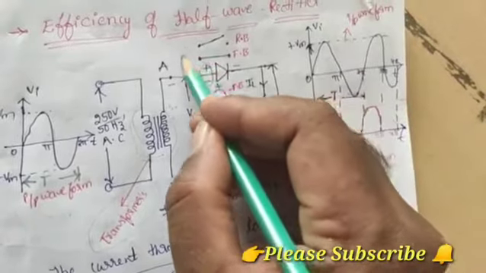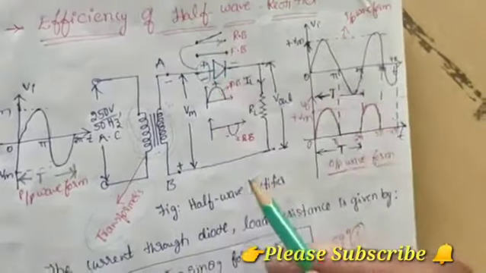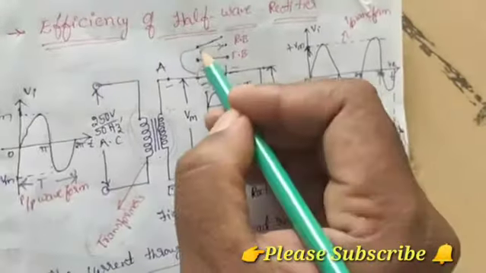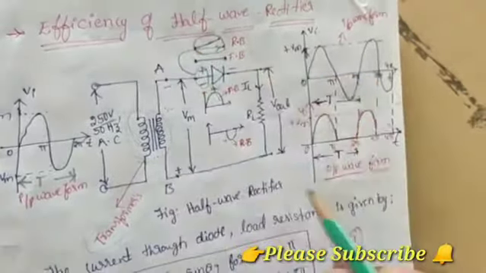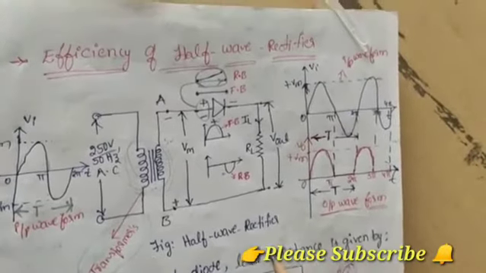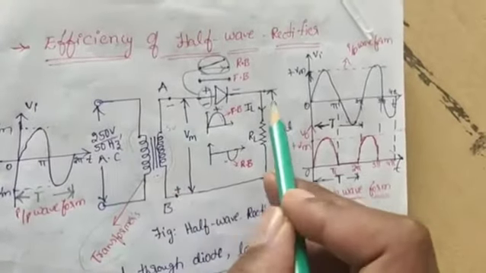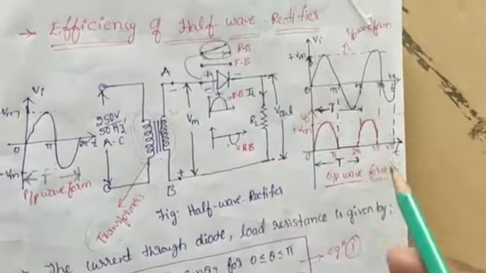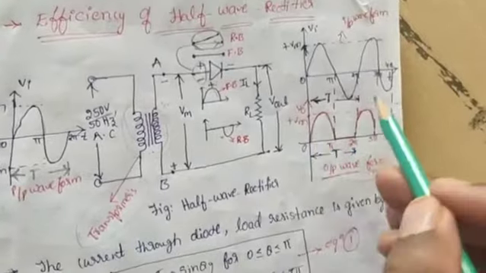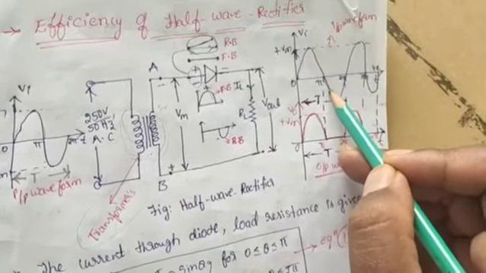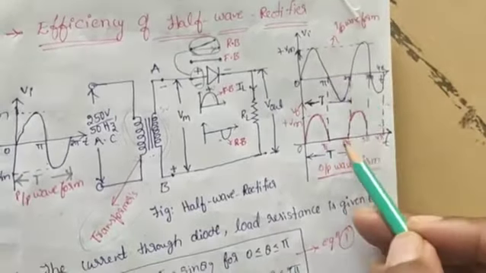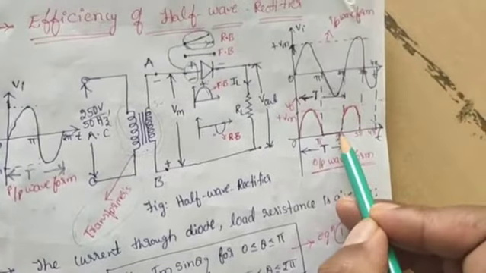That means it acts as a reverse bias. Reverse bias means an open switch. So there is no current flow from the input side to the output section. When we apply the negative signal, there is no output here.